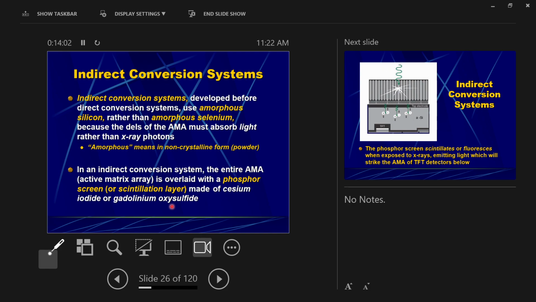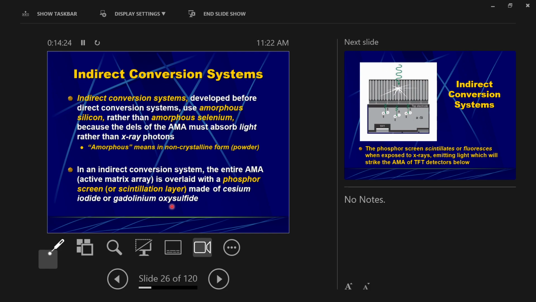So inside any modern film cassette, modern meaning the 60s, 70s and on, there are white screens on the inside, called intensifying screens. The film goes inside, and a screen sits on either side of the film, and the whole thing sandwiches shut.